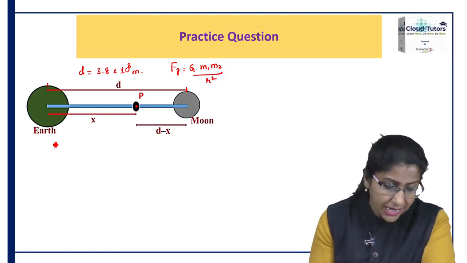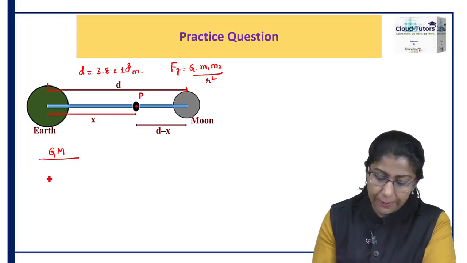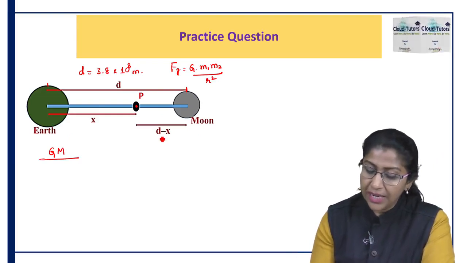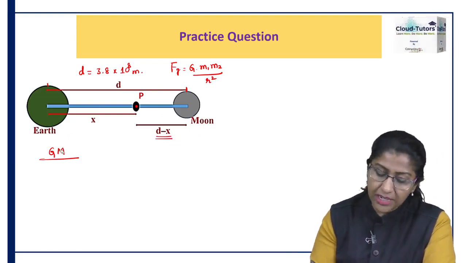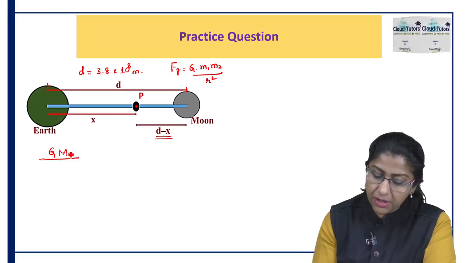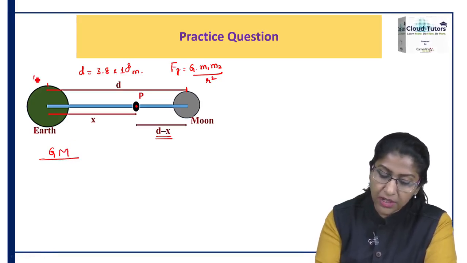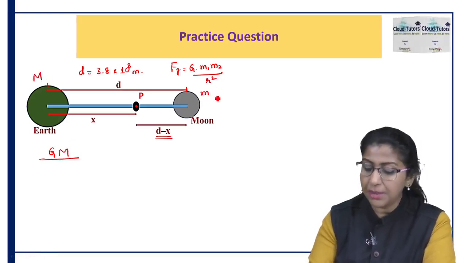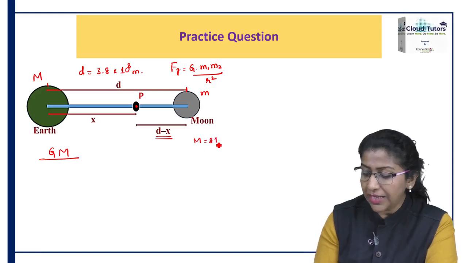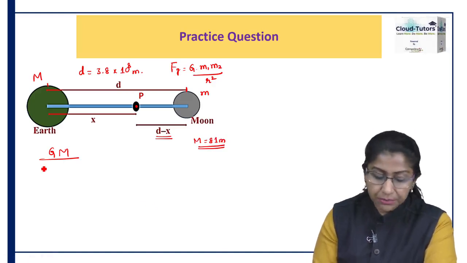We can write this as capital GM divided by the distance, or we can write this for the Moon itself. Capital M is the mass of the Earth and small m is the mass of the Moon, and we know that capital M is equal to 81 times the mass of the Moon, correct?